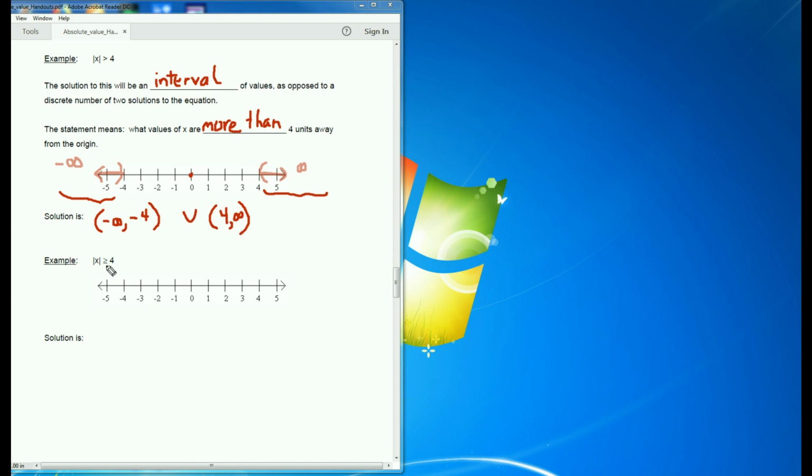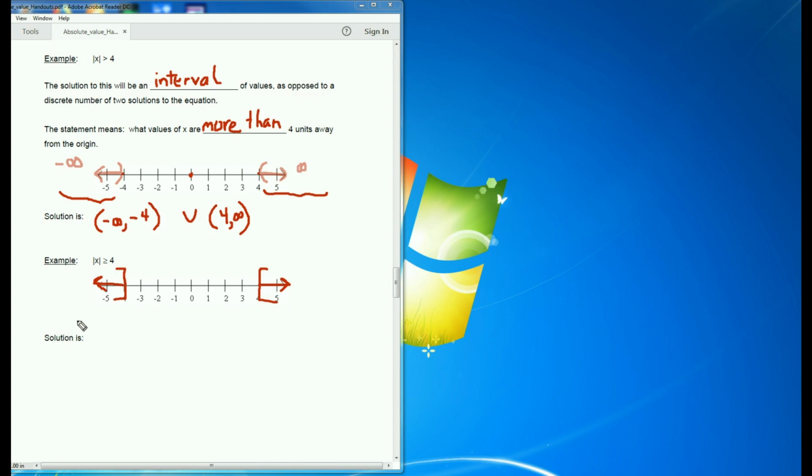And then if we just make this one change, instead of greater than, what if it's greater than or equal to? So just like the previous example, the only change is, okay, now I want to include the endpoints here. So in other words, I want this, and I want this.